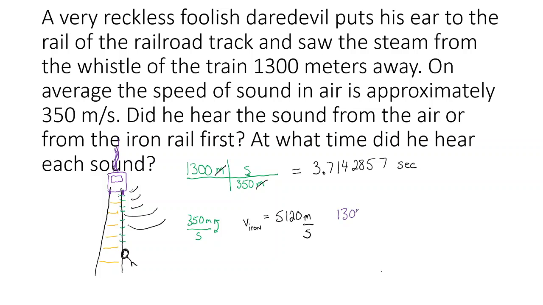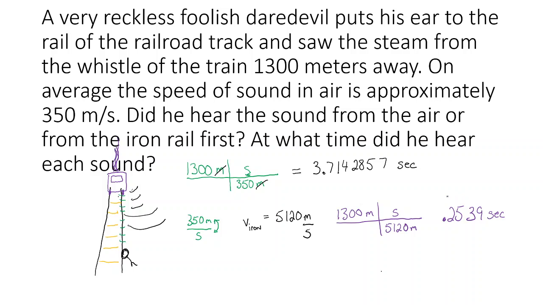There's 1,300 meters away, and it's 5,120 meters every second in iron. Now you should be able to see what's going on here. So we go 1,300 divided by 5,120. It's going to take a quarter of a second for it to travel through the iron. Very, very different than how long it takes in the air.